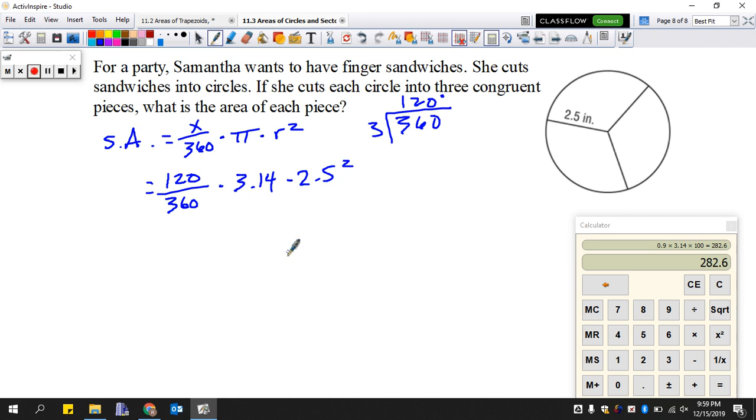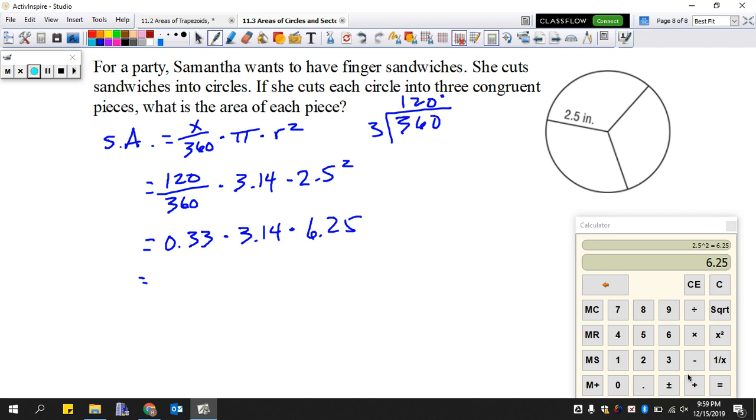All right, so 120 divided by 360 is 0.33 times 3.14 times 2.5 squared is 6.25.